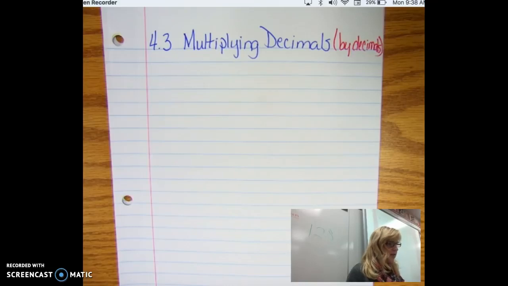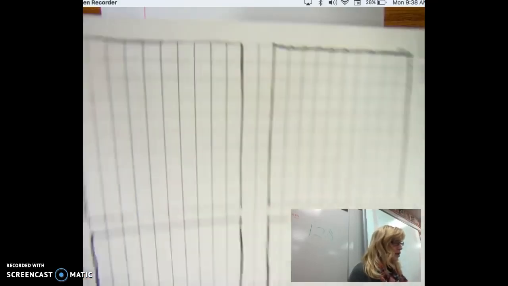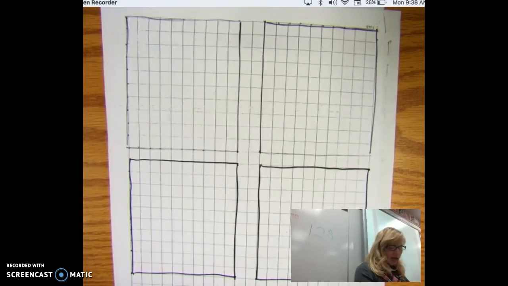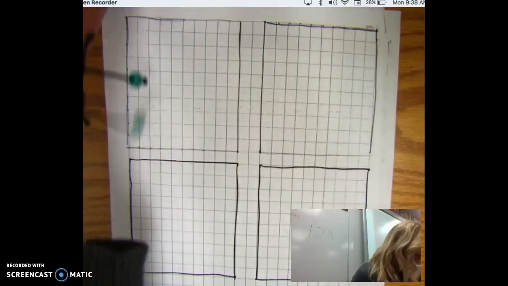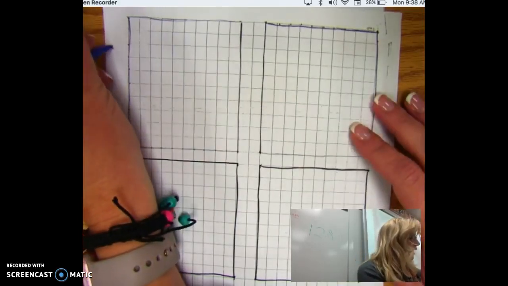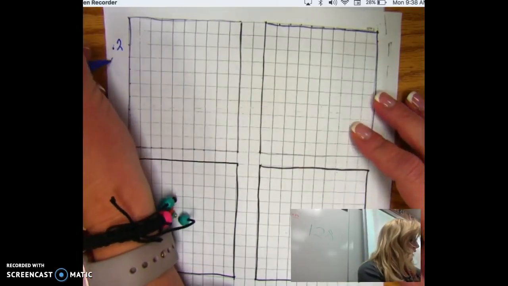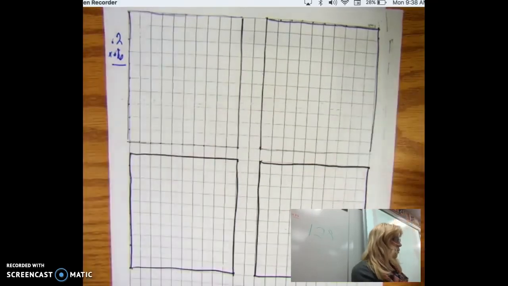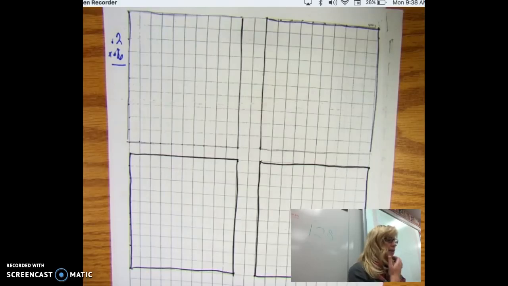So what I'm going to do first is I'm going to show you an actual example, and these are a 10 by 10 grid. And so I am going to write down the first question, and we are going to demonstrate with a model what 0.2 times 0.6 is. 0.2 times 0.6.